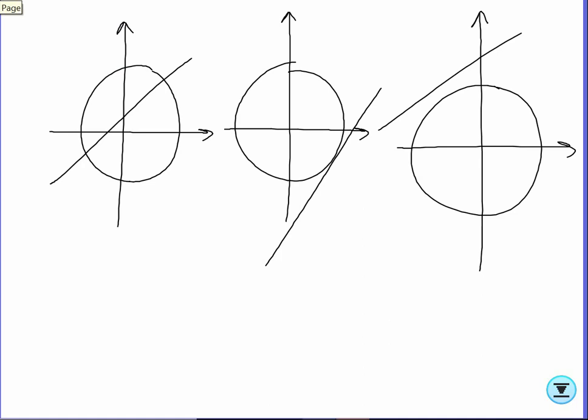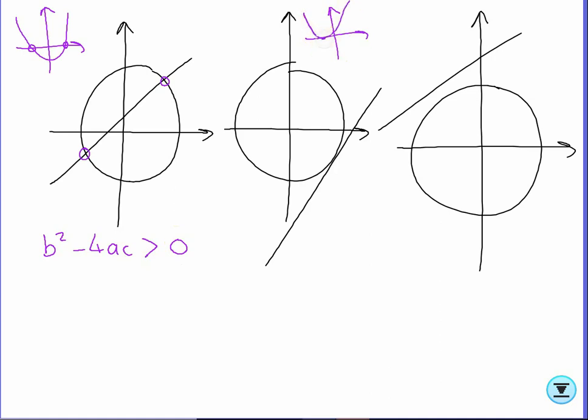This comes into the discriminant. Before, you were looking at something like a quadratic, and it had two distinct roots. This time we now have two distinct solutions, and we're going to follow the same pattern: b squared minus 4ac is going to be greater than 0. For the second one, you were looking at one repeated root, and one repeated root means we're going to have a tangent, so b squared minus 4ac is equal to 0.